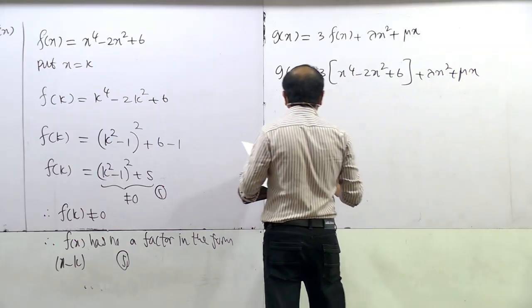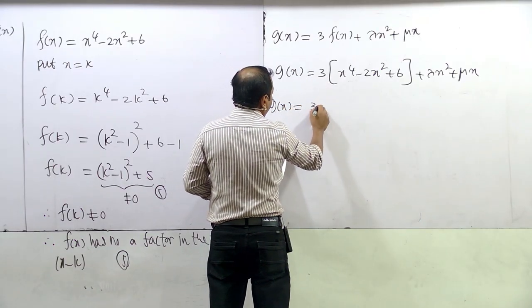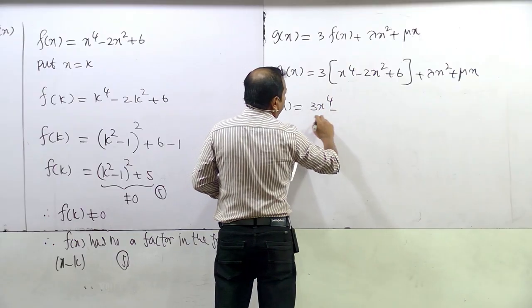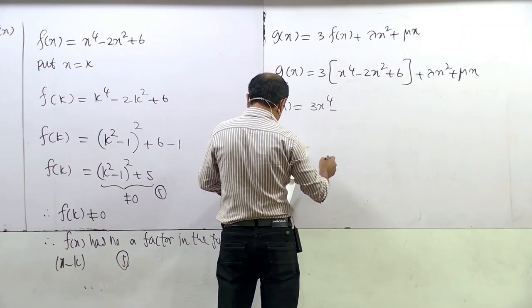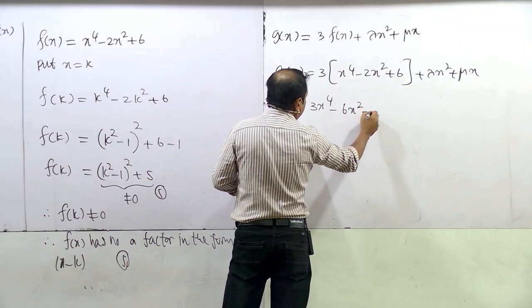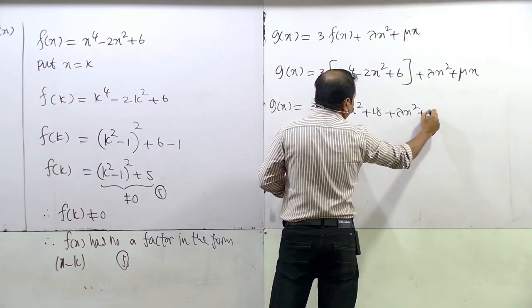Then we can write g(x) equals 3x^4 minus 6x squared plus 18 plus lambda x squared plus mu x.